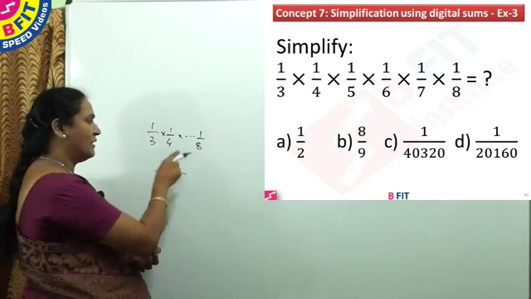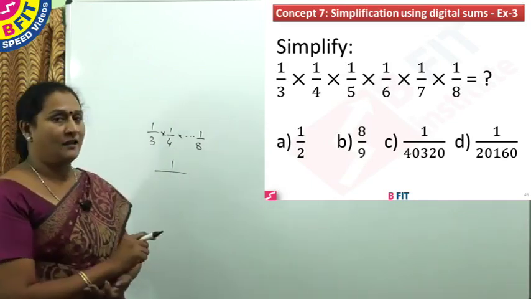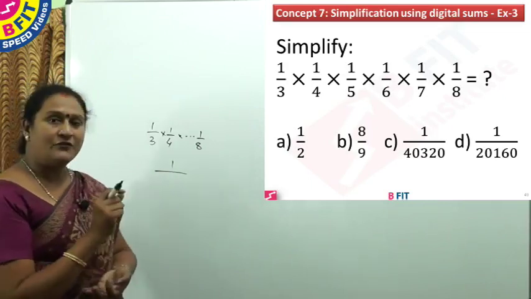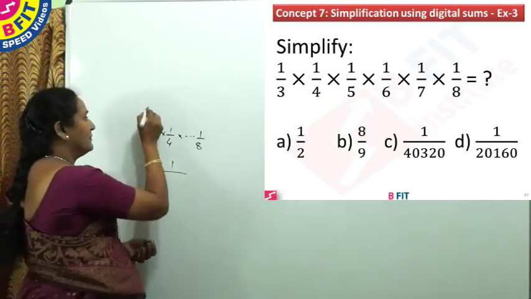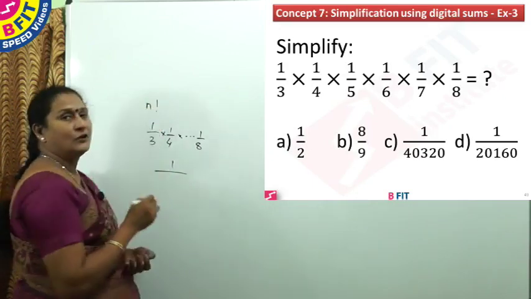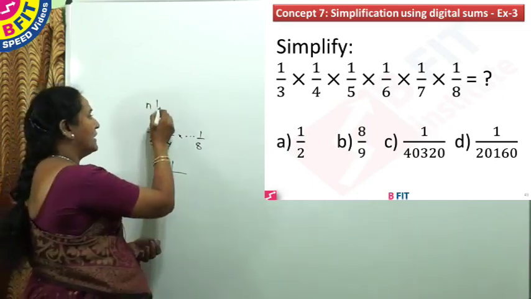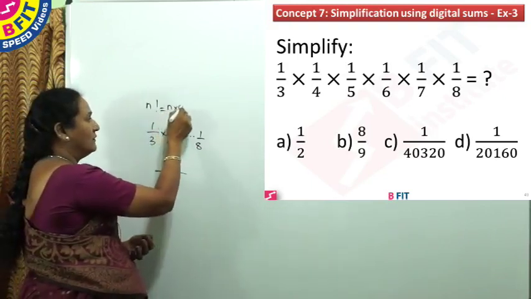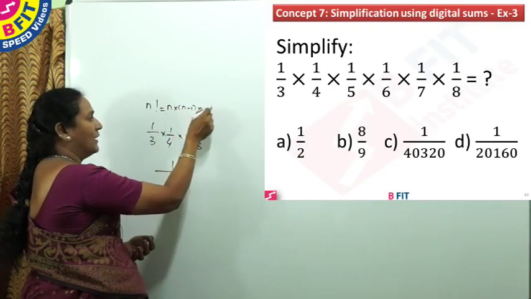But instead of multiplying, I will tell you a technique called factorial. So there is a working called factorial. Factorial means, suppose you have n factorial. It is the product of all numbers starting from n up to 1.